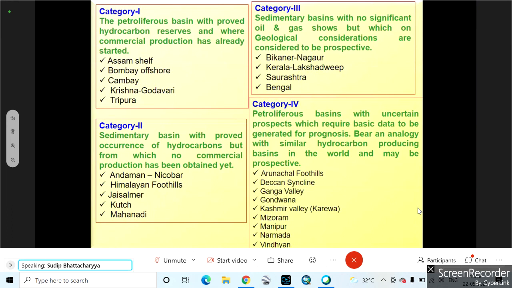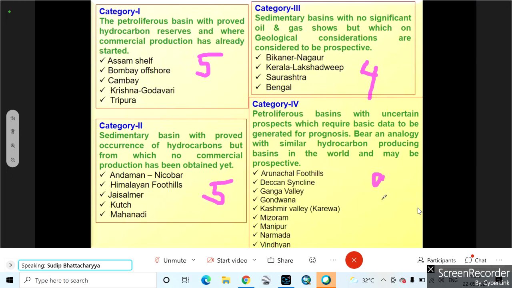It is prospective. So there are 4 categories. Under category 1 it is 5, under category 2 it is 5, under category 3 it is 4, and under category 4 it is 9.